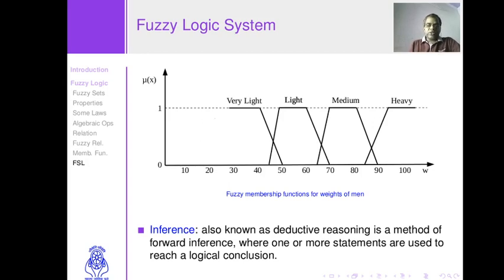If all the students in this class are male and X is a student of this class, then definitely X is a male. So we arrive at some conclusion with the help of some other statements, and that conclusion is perfect.